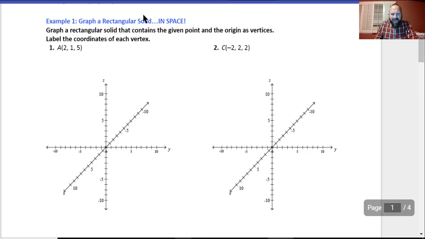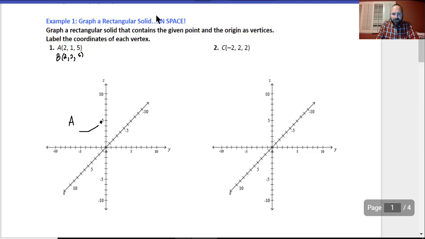So this is where it gets tough. So we have 2 and then 1 right here, and then right about there. So this would be A right here. All right, so the next point right here is B. It's going to be 2, 0, 5.